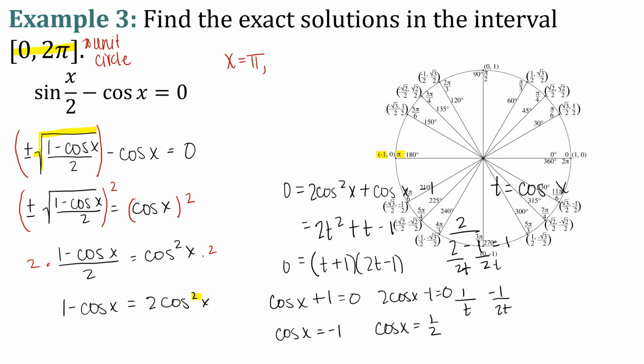We don't see negative 1 as a cosine value anywhere else. But we also need to find where cosine equals 1/2, which is at pi over 3 and at 5 pi over 3. So now we know that we have pi over 3 and 5 pi over 3 as our answers.